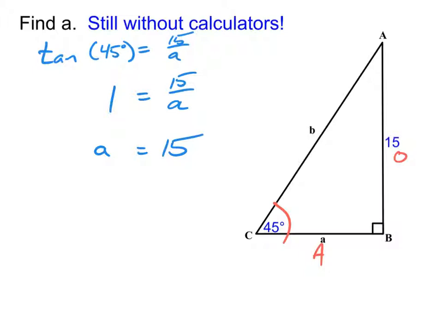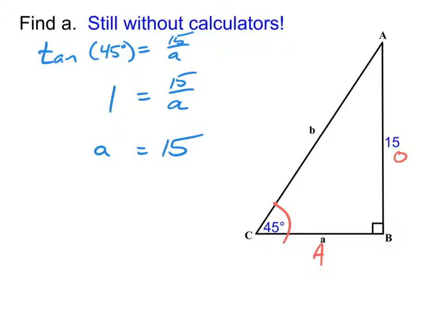Now I said there were two different ways that you could get this. That is the long way, and it's the way that works every time basically. But the other way is that you might have actually just observed what type of triangle it is. Because if it's a 45-degree angle here and a right triangle, it's a 45, 45, 90 triangle, and all 45, 45, 90 triangles are, of course, isosceles.